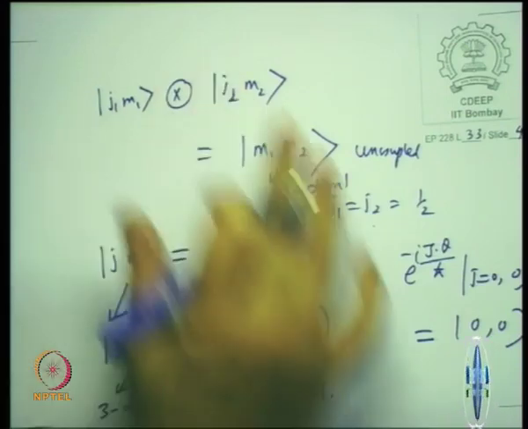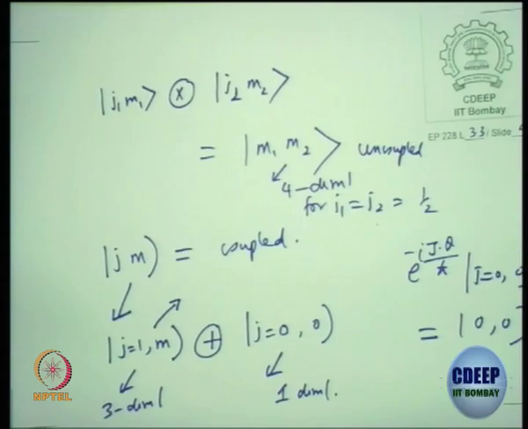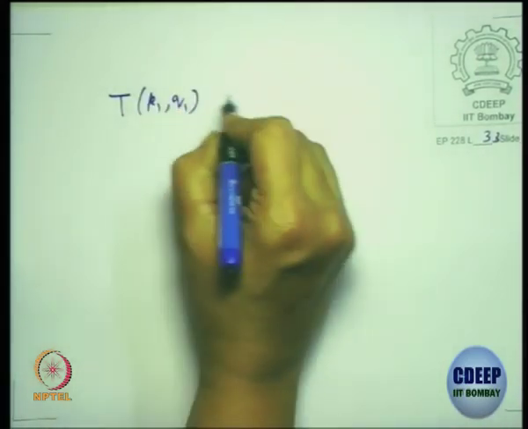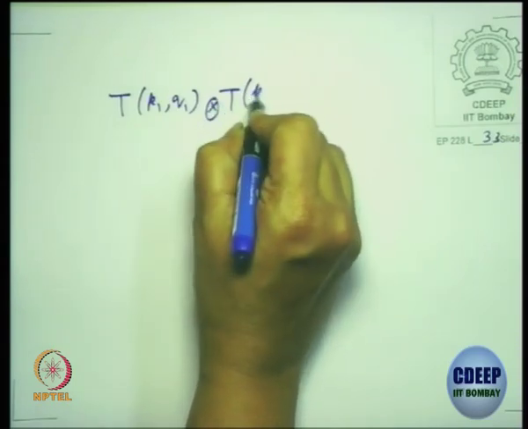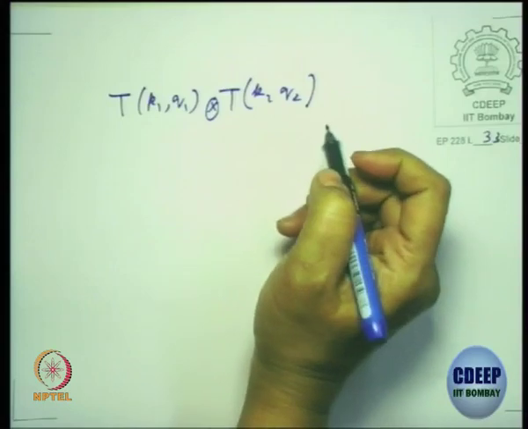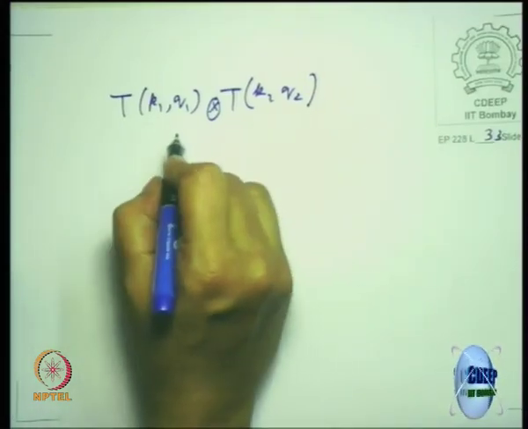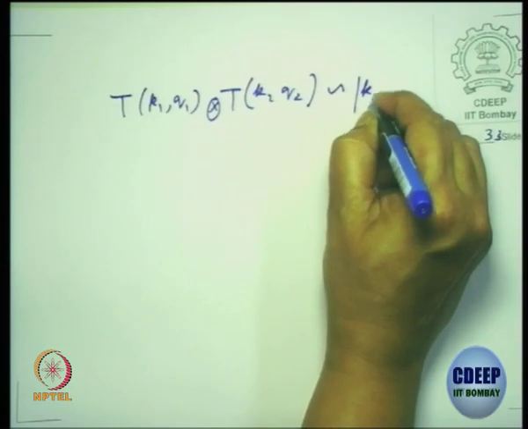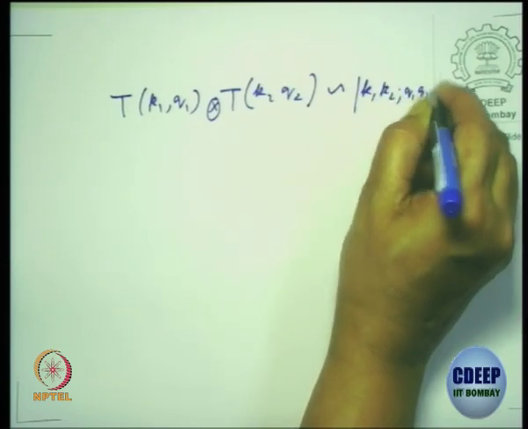Now I would like to do the same thing for operators. This is what I was indicating in the last lecture, that all the operators will have only integer j's. So that's why I'm calling them k and q. And so if you take T of k1 q1 and take a tensor product with T of k2 q2, this is formally similar to, there is an analogy to, the states k1 k2 q1 q2.